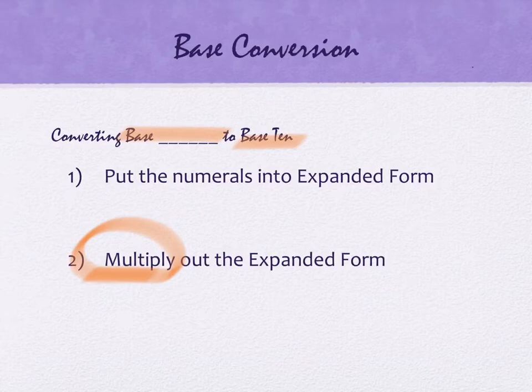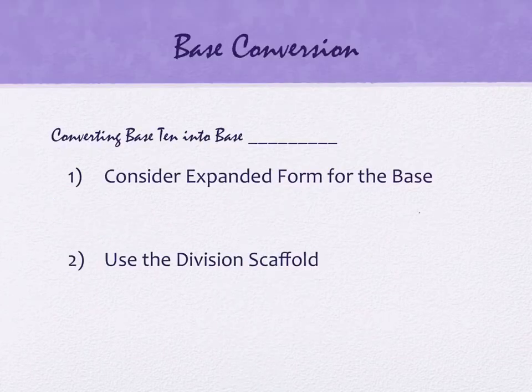And the reason it matters is because when we go from base 10 back into some other base, it doesn't matter if it's bigger or smaller, it's just the fact that we're taking a base 10 number and putting it into something else, we're going to be using division. And the division will look just like it did back in those other systems with the, I called it a division scaffolding. All right, so we're looking for division scaffoldings, and we're doing it based on the powers of the place value system we're trying to put it into.